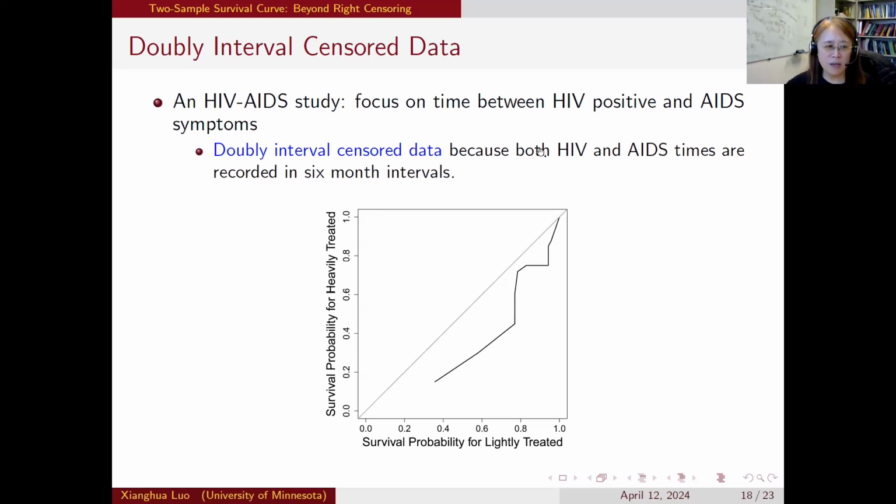In this case, the HIV positive test time and the AIDS symptom onset time are both interval censored because they were only recorded in 6 month intervals. So this is the two sample curve using a data set that Sandra found online. That's not our study. Only the BMT data I actually have worked on myself. The other data sets were all from the internet or textbook.